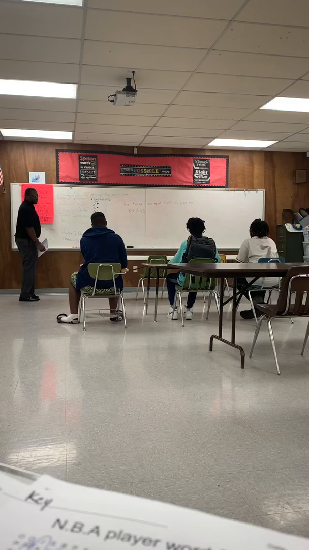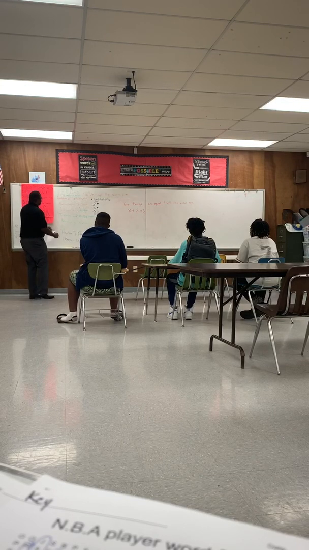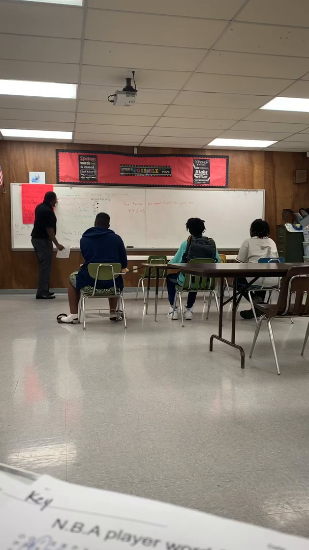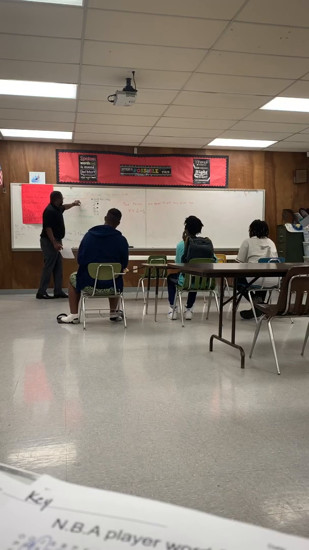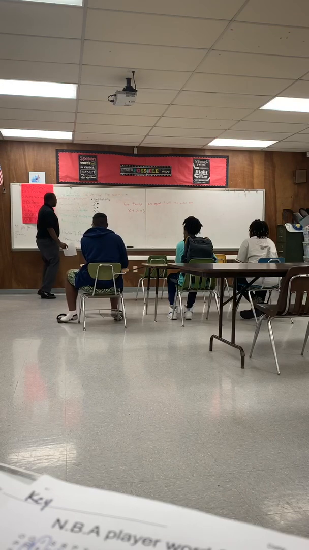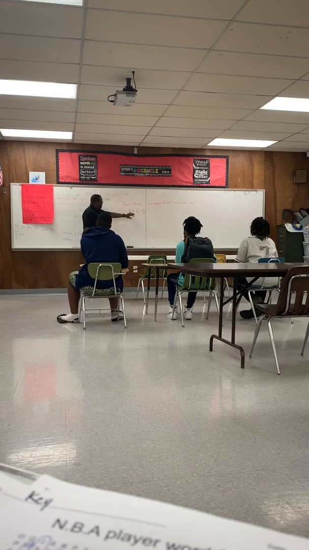I got a bunch of basic math rules over here. In order for us to undo addition, we have to do what? Subtraction. So just like x plus 2 equals 6, we gotta get the 2 on the other side. So we have to subtract it. We'll say minus 2.